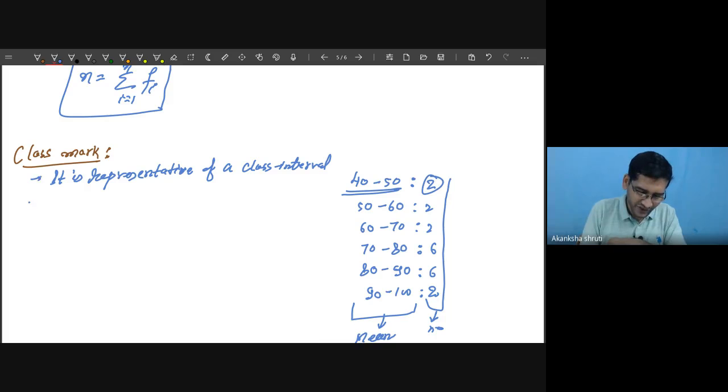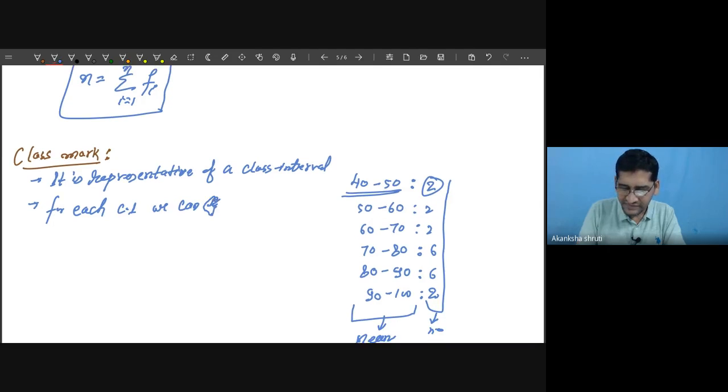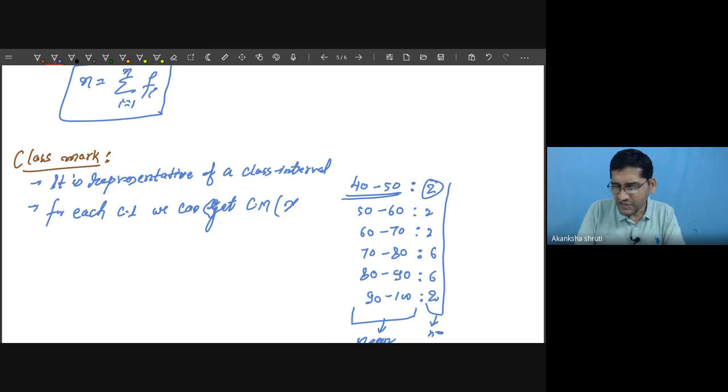For each class interval we can get the class mark. This class mark is mostly denoted by xi, because in grouped data the class mark is taken as xi.